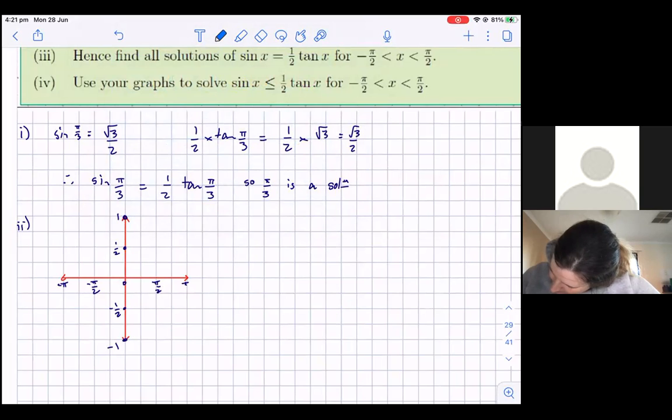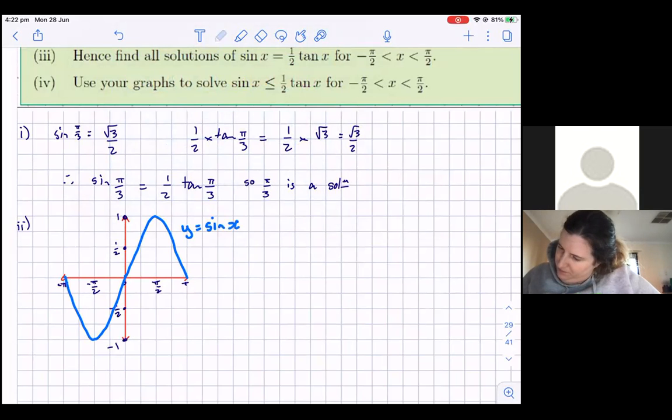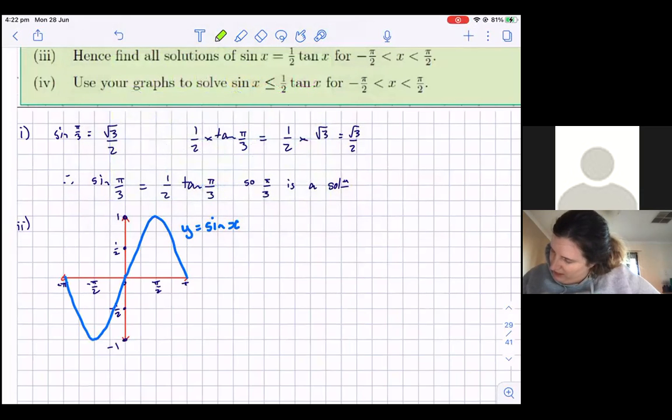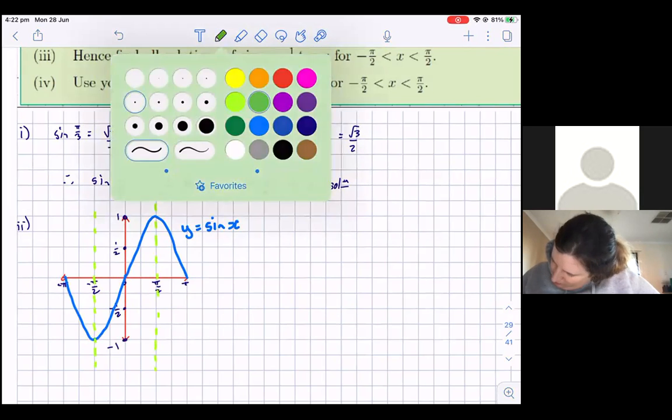So sine, and I'm going to put in my asymptotes for tan x. Now tan, don't forget, has asymptotes at pi on 2. Ignoring the stretch.